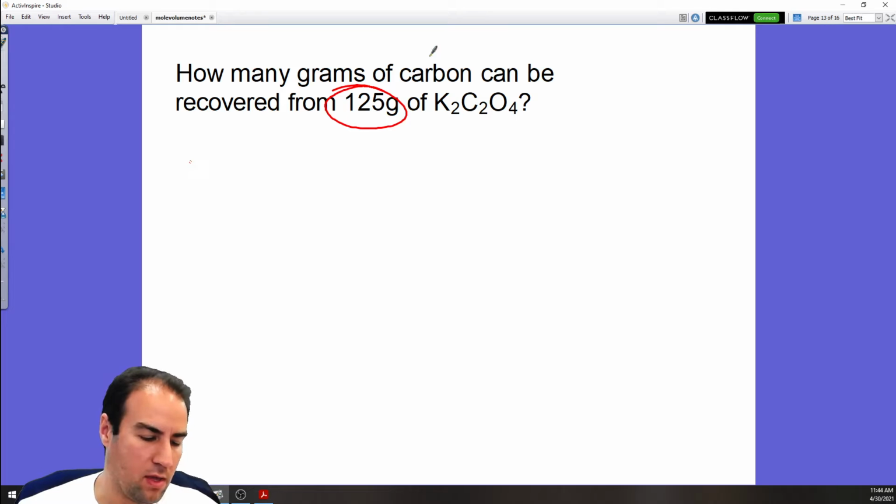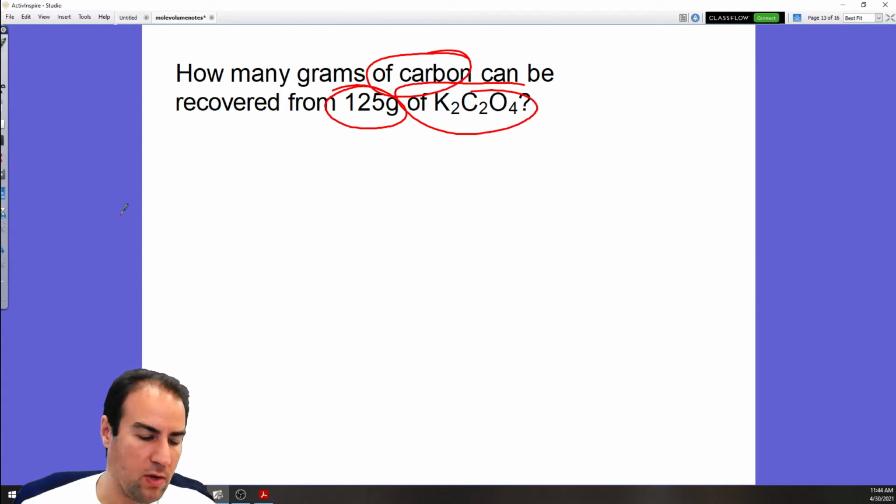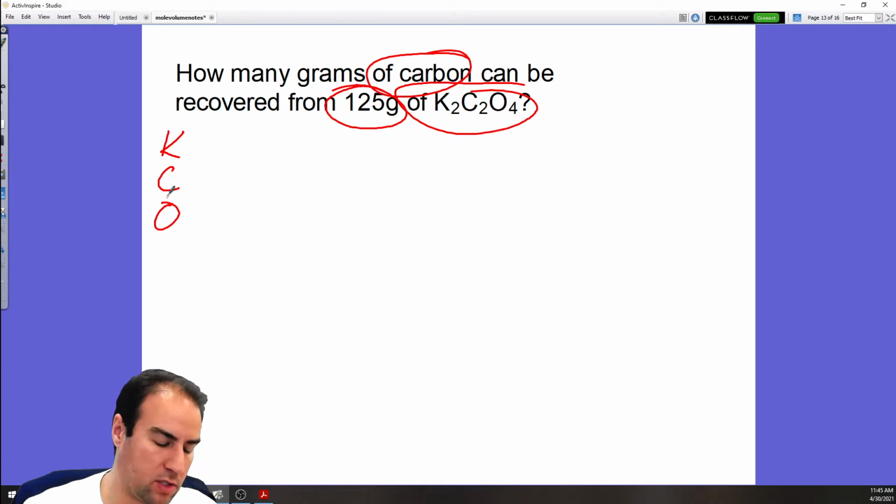The question is: how many grams of carbon can be recovered from 125 grams of potassium oxalate? Start out the same way. Make a little list: potassium, carbon, and oxygen. How many do we have of each? We have 2 potassium, 2 carbons, and 4 oxygens.